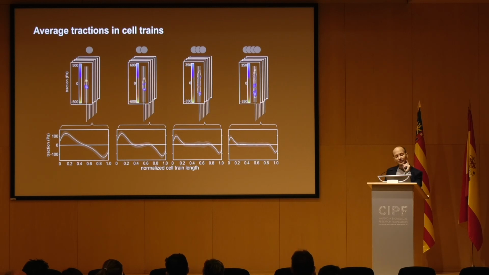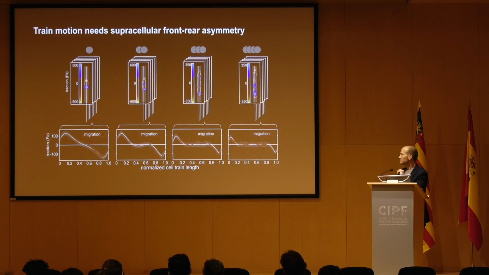Now, if you go to the cells that do migrate collectively, here's what you find. So instead of finding a symmetric system, you have now an asymmetric distribution. The magnitude doesn't matter. So if you're very strong or not, that will not make you migrate faster. And this was a misconception that is in the field and that we also had. Right? So more force does not necessarily mean more motion.